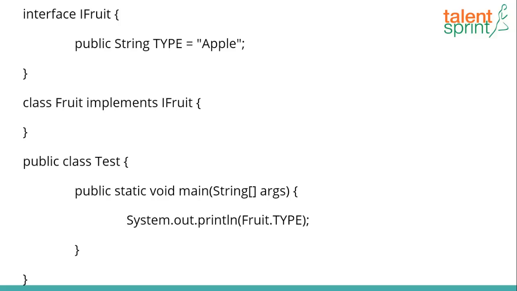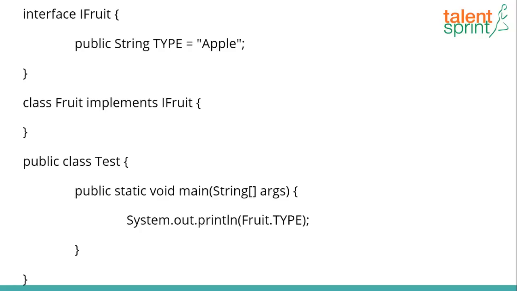Is it related to the concept of class inheritance? Yes, it is related to the concept of inheritance. It is related to the concept of whether an interface can have a variable declared like this or not.